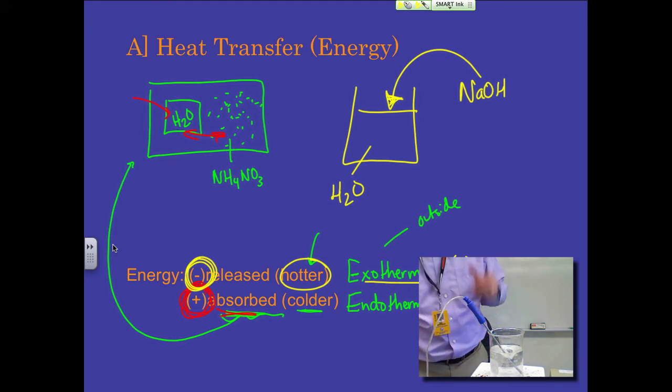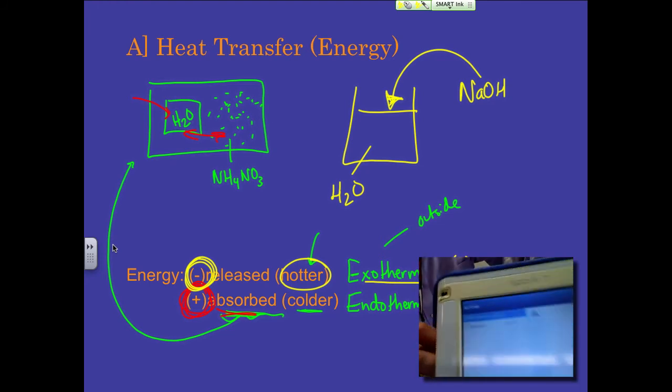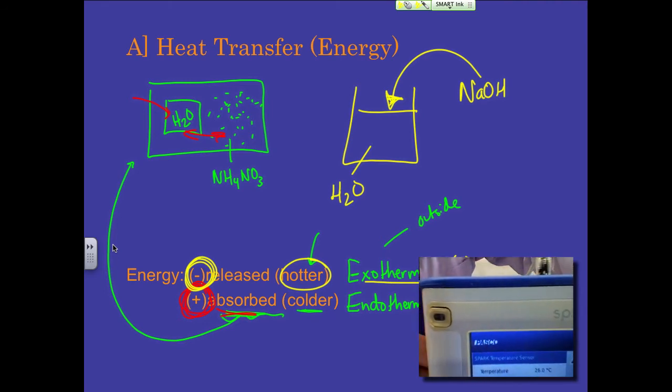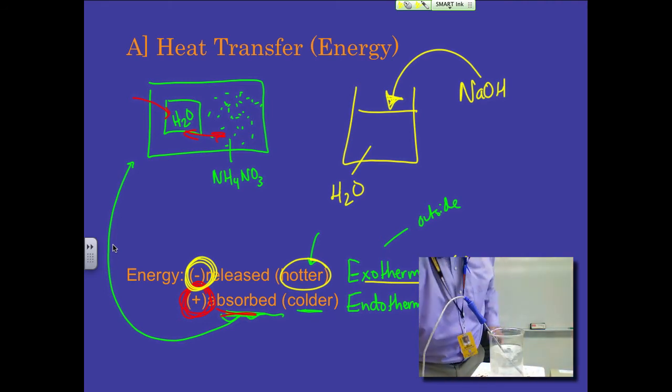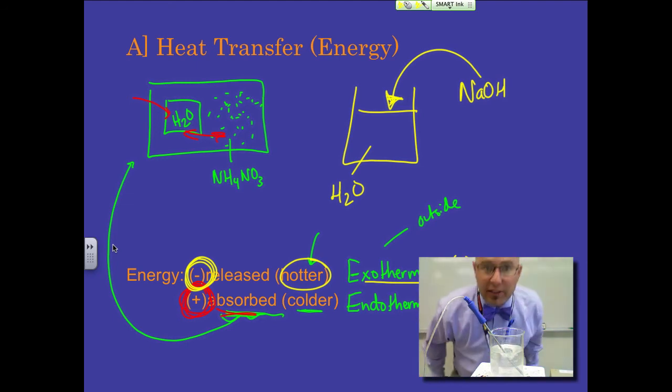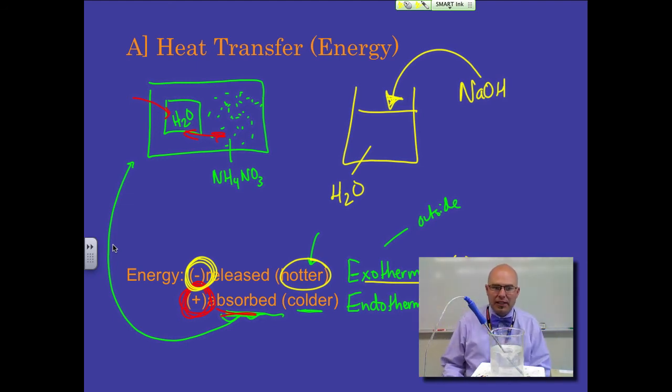It's reading around 24, slowly going up. 25, 26 degrees, continuing to move up. I know it's small down in the corner, but it's reading almost 27 degrees. So an increase in temperature.